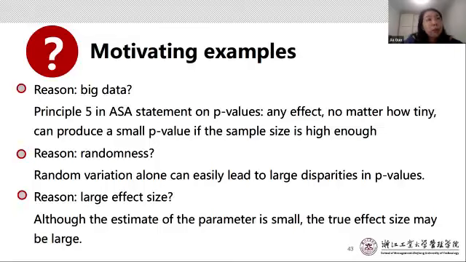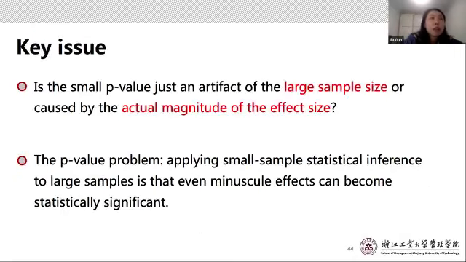The key issue in our workshop is whether the small p-value is caused by the large sample size or by the actual magnitude of the effect size. We don't consider randomness because we cannot control it. So we just consider these two reasons.